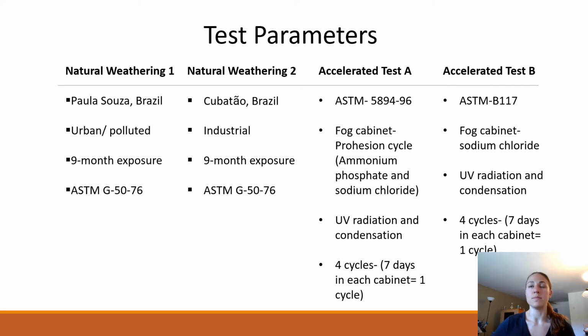And for accelerated test B, ASTM B117 was used. This is just a fog cabinet with a sodium chloride test solution, and these were cycled in and out of the UV radiation cabinet as well for a total of 4 cycles.